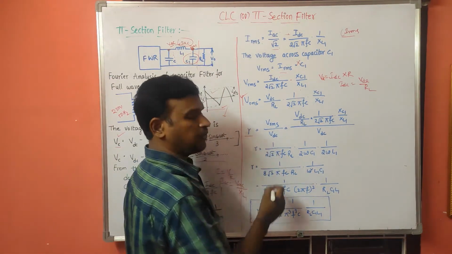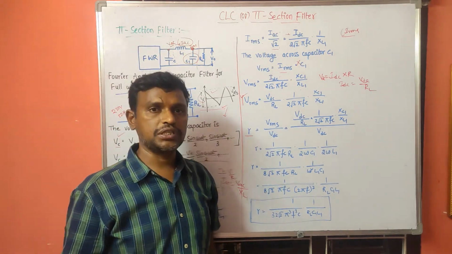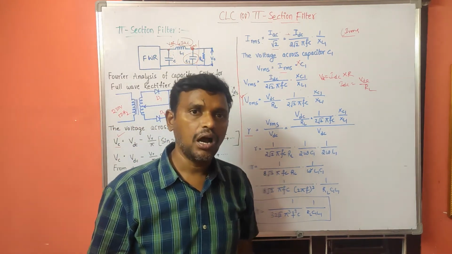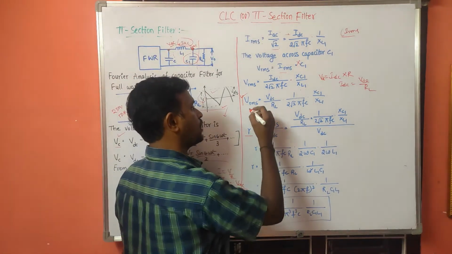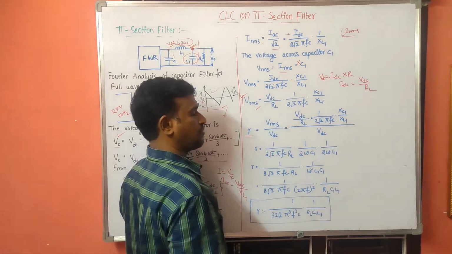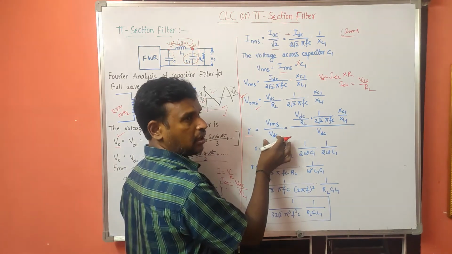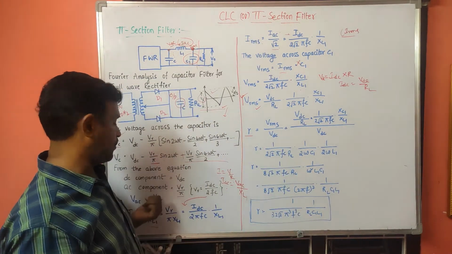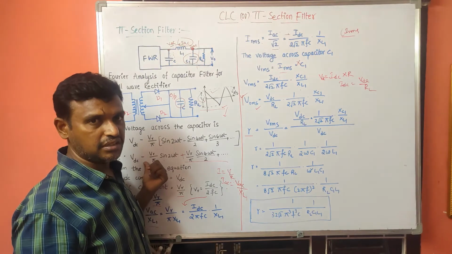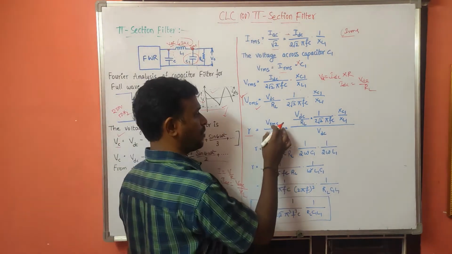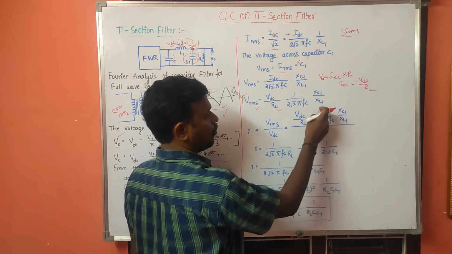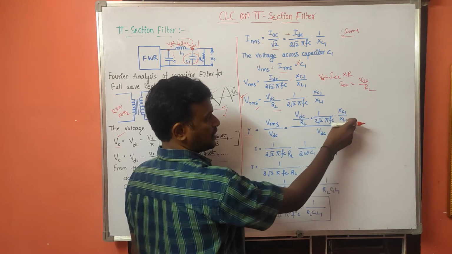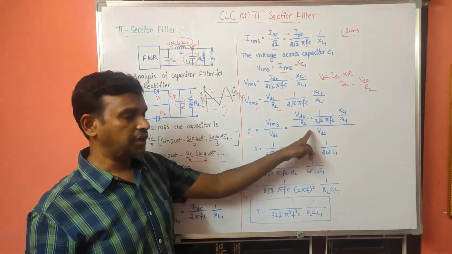Then what is the ripple factor? Generally in terms of voltage it is VRMS by VDC, or in terms of current it is IRMS by IDC. Here we have already calculated the VRMS value, and VDC we have taken directly as the DC component. Therefore VRMS by VDC. VRMS is VDC by RL, 1 by 2 root 2 pi FC, XC1 by XL1, divided by VDC.